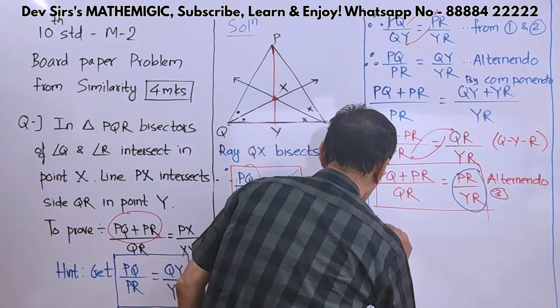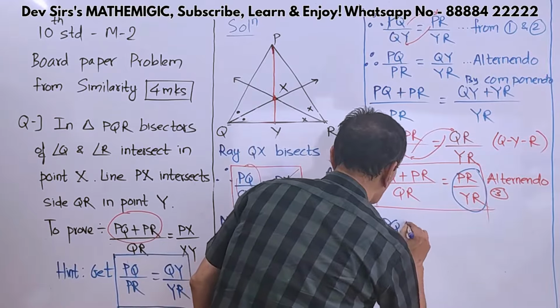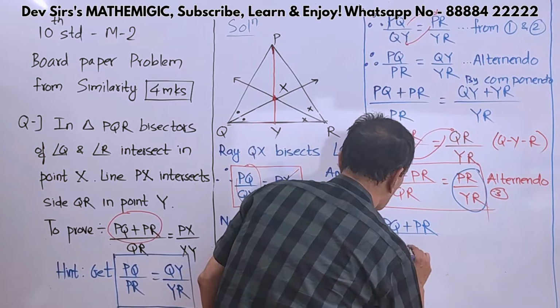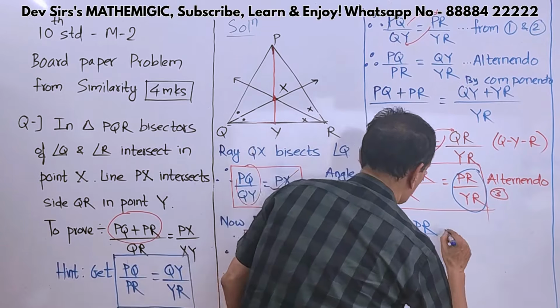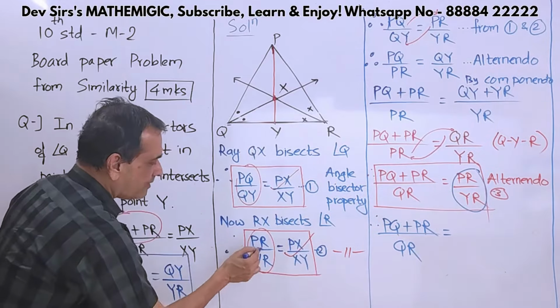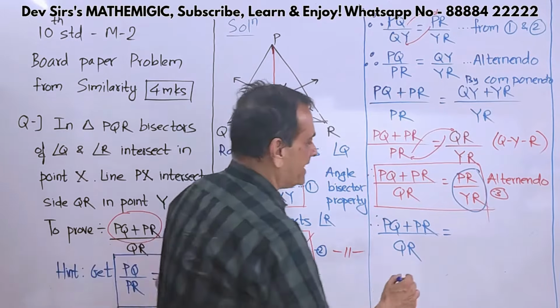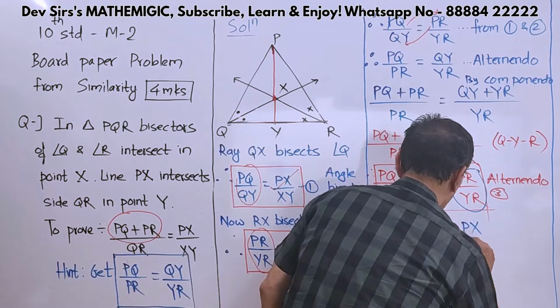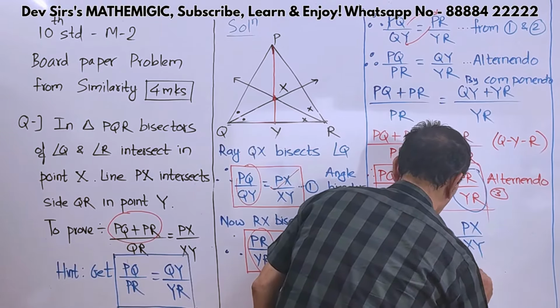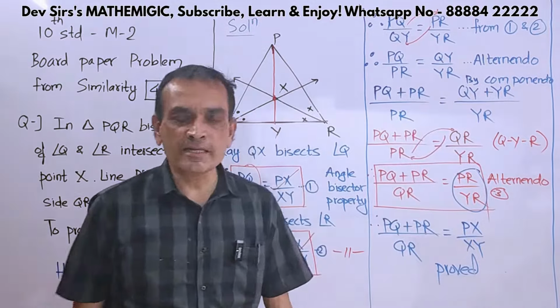See, last step, PQ plus PR upon QR. I don't want PR upon YR. So PR upon YR is PX upon XY. Simple, interesting.